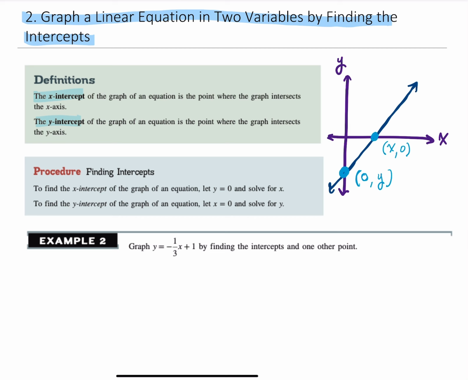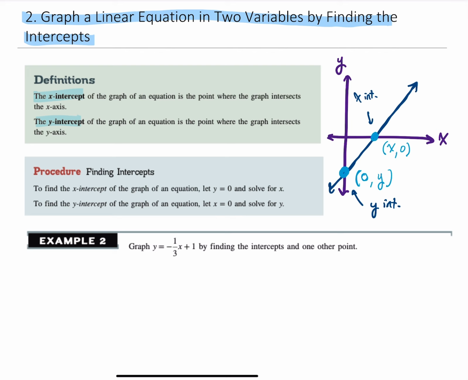So this implies a technique that we could use. Again, we'll call this the x-intercept. Just abbreviate with int. And then we'll call this the y-intercept. So this location of the zeros implies a technique we can use to find these points.